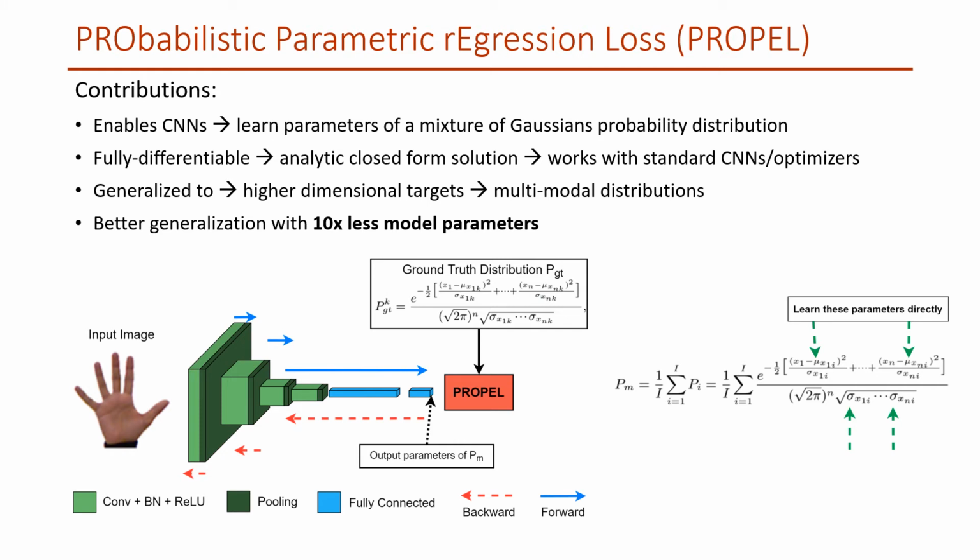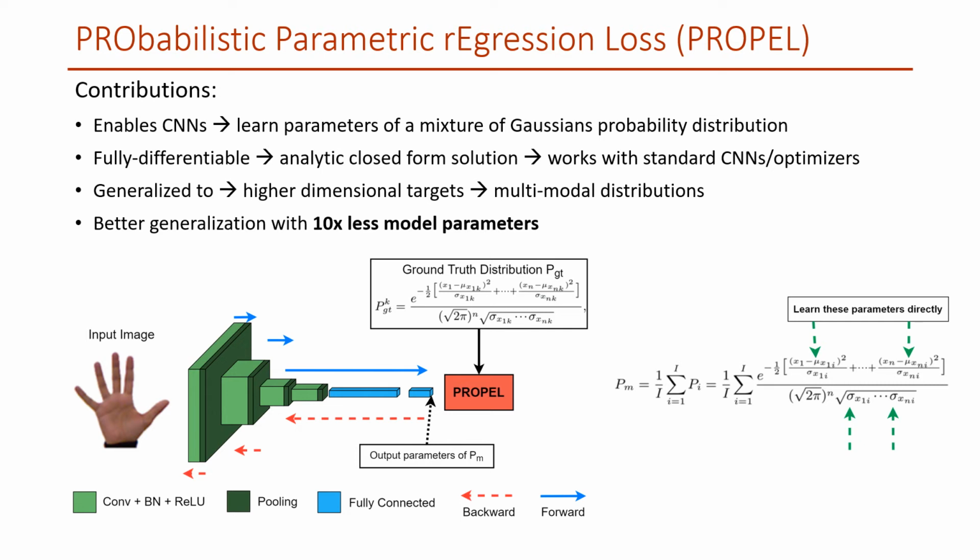Towards this end, we propose PROPEL, which enables a CNN to directly learn parameters of a mixture of Gaussian probability distribution. PROPEL is fully differentiable and has an analytical closed-form solution to the integrals. It can therefore be applied onto existing CNNs as well as using existing optimization techniques.